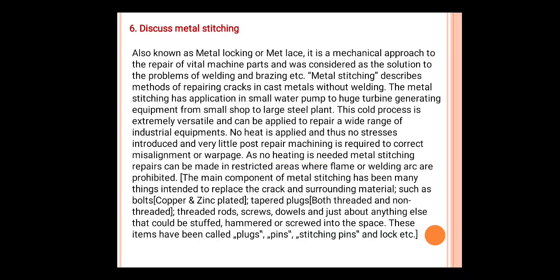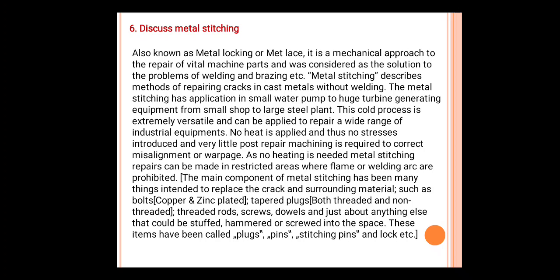Next, moving on to the next question, that is discuss metal stitching. Metal stitching is known as metal locking or metalace.